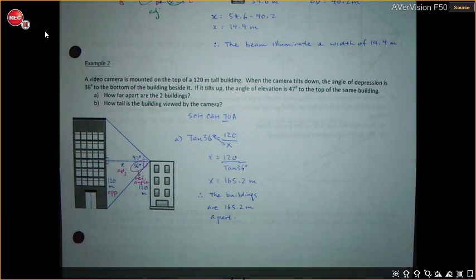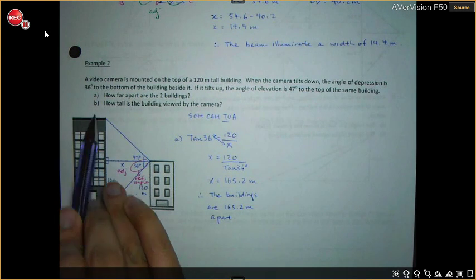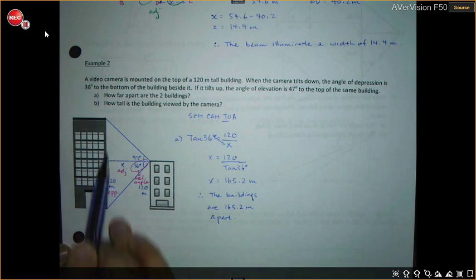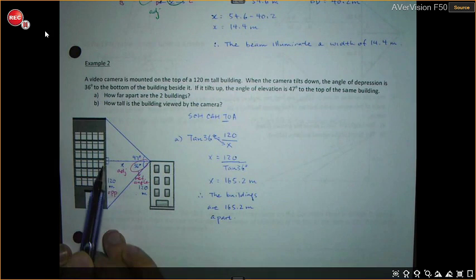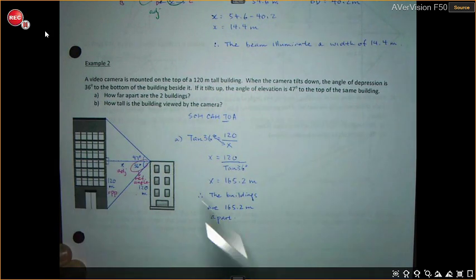And then part B asks how tall the building viewed by the camera is. So we have to find the height of this building. We know this is 120. As long as we can find this side here, we can just add them up to get the total height of the taller building.